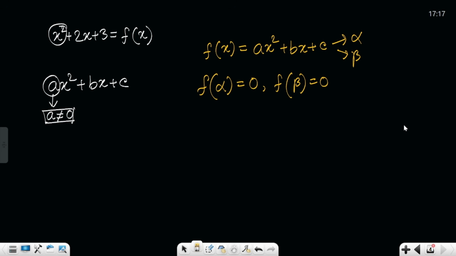Now let's go for the next topic, which is solution of quadratic equation. Now we are going to study the processes of finding solutions of a quadratic equation.